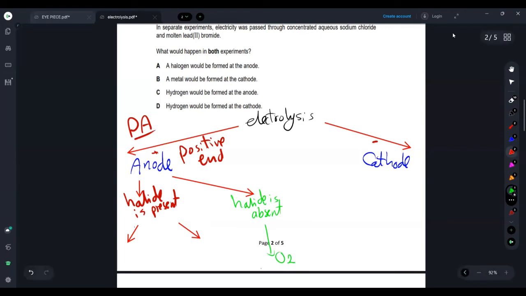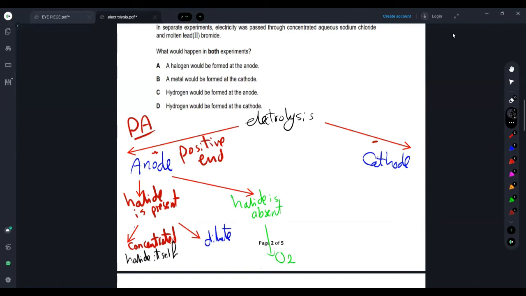The first pathway is whether the halide is concentrated or dilute. If the halide is concentrated, it wins, the halide itself. And if the halide is dilute, again, fortunately, our good friend oxygen evolves.